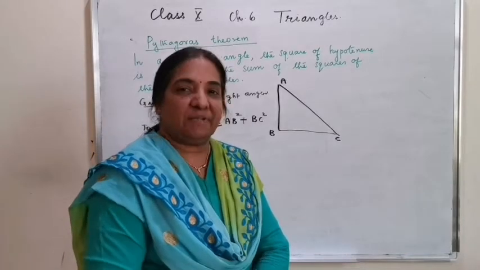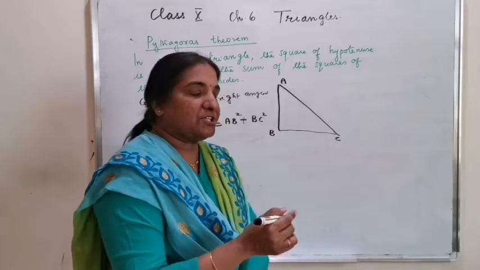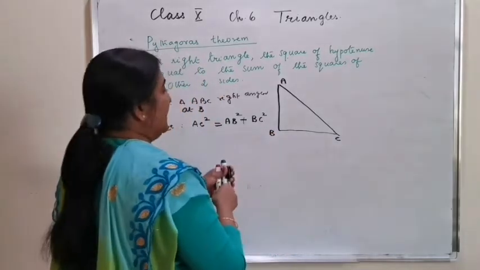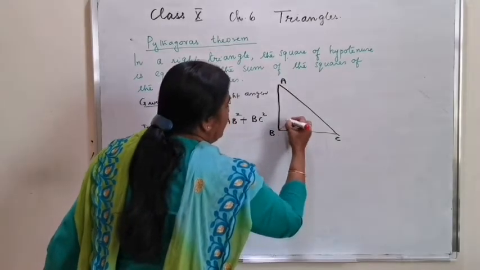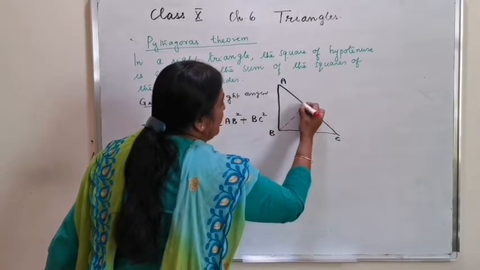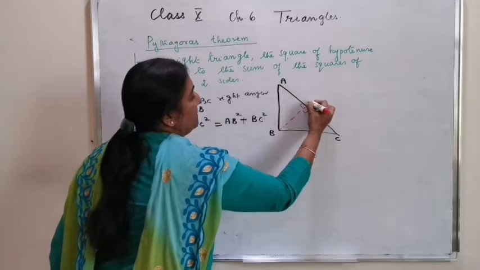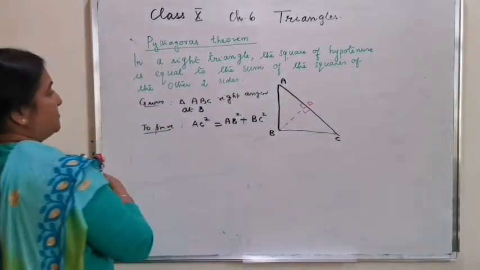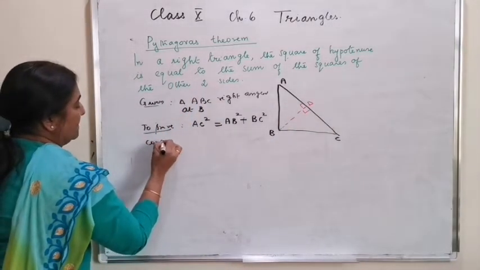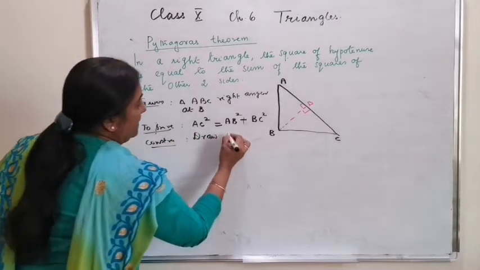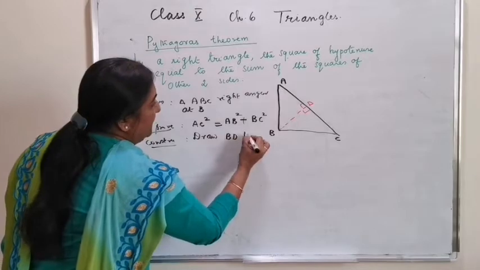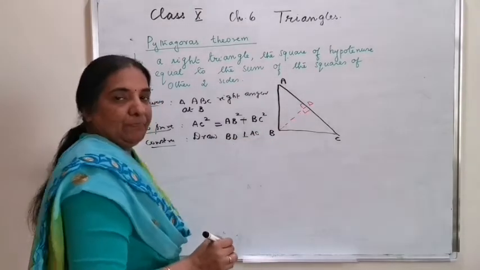So, as in the previous explanation, the construction is: draw BD perpendicular to AC.